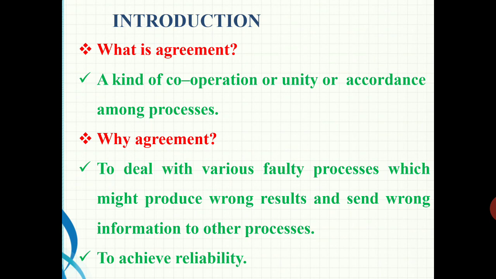Then why agreement in a distributed system? To achieve some common goal in a distributed system, and to deal with various faulty processes which might produce wrong results and send wrong information to other processes, we need the agreement.